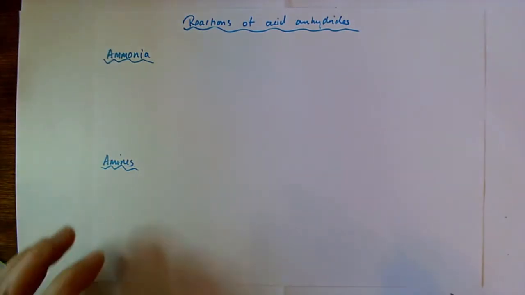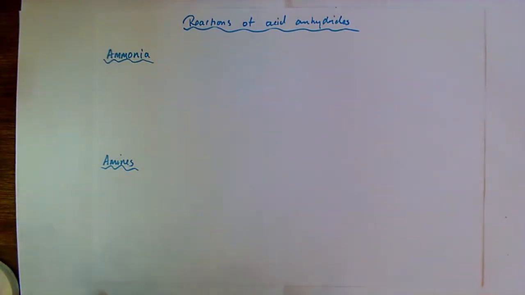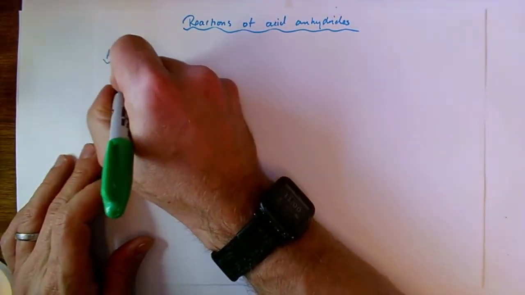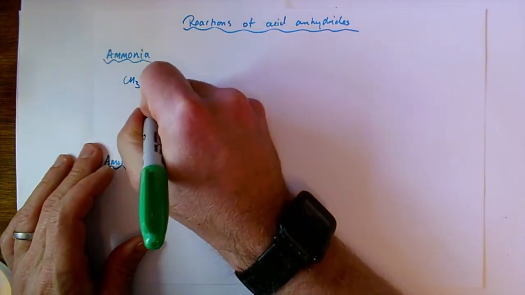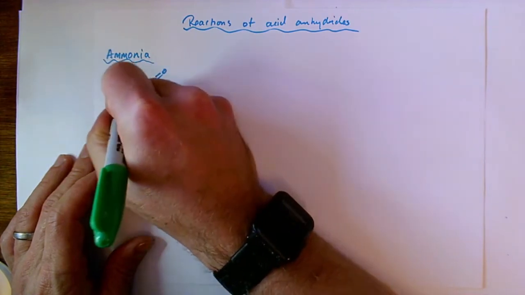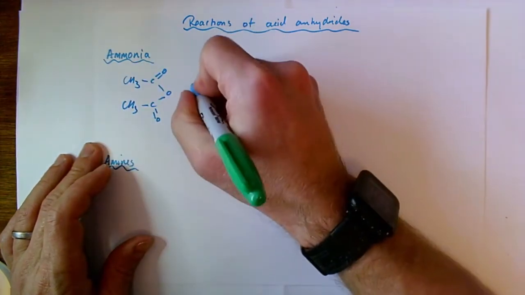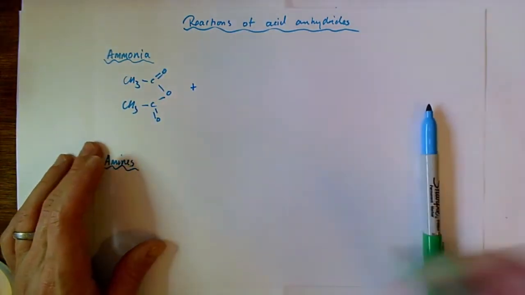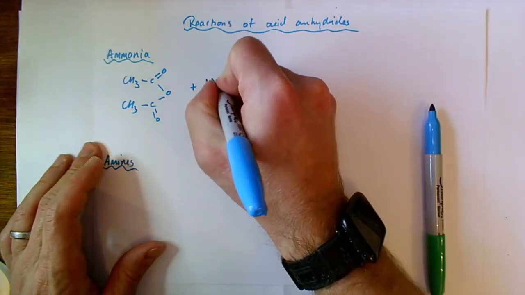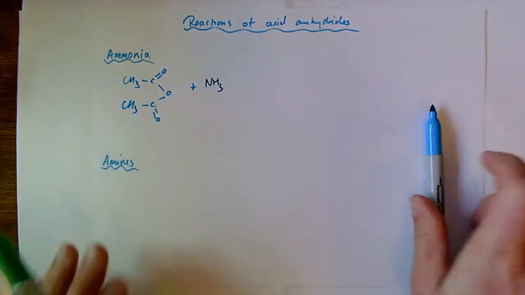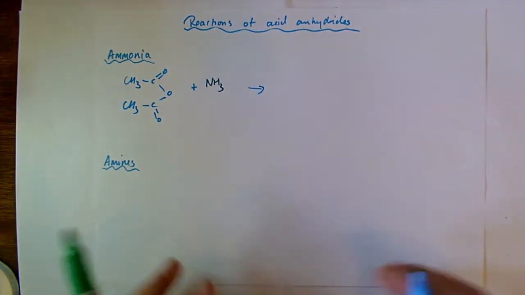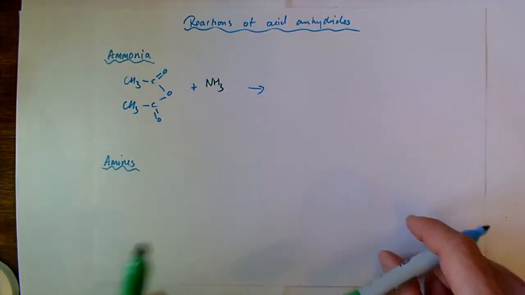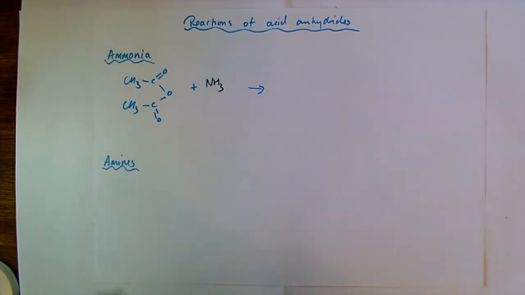Right, moving on now, we're going to look at the reaction of the anhydride and ammonia. So I'm going to start with ethanoic anhydride again. And my reaction is with ammonia. I'll move to a green pen. NH3. Well, just like with acid chlorides, these reactions are all essentially the same in terms of the main organic product that we're going to be making.